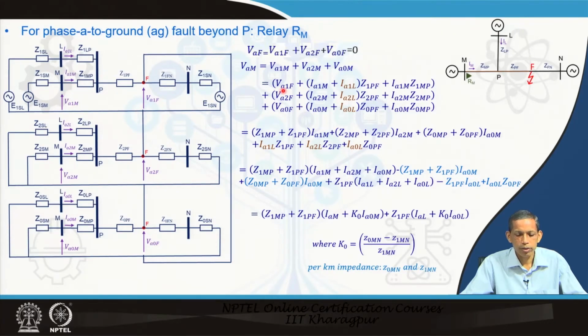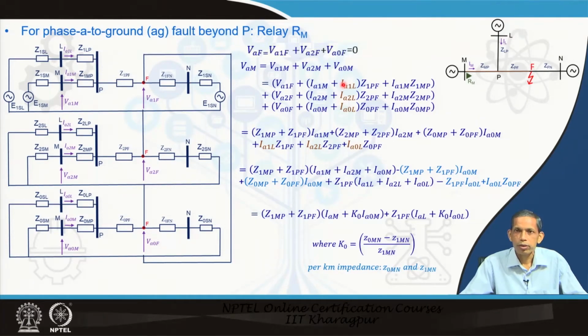So, this is what we have written: VA1F plus (I1M plus I1L) Z1PF plus I1M Z1MP. This is for positive sequence. Similarly, for the negative sequence the diagram is the same, so you add similar terms for the negative sequence component and also for the zero sequence component. This being a phase A to ground fault, all three components will be there.